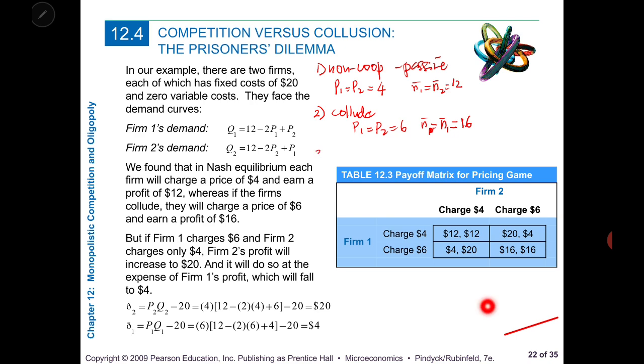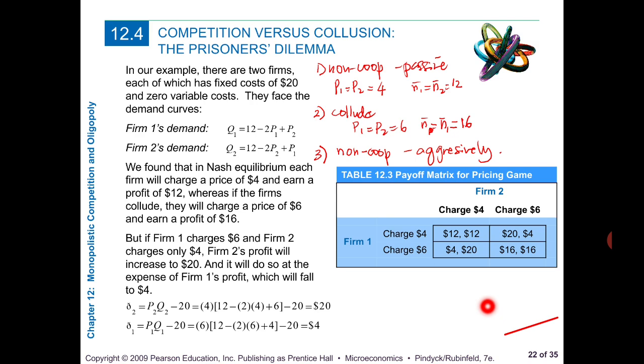Okay, so in this video, we're going to see what happens if they are not cooperating, but instead they are aggressively competing with each other. Let's say we start with the scenario where both firms have agreed to maintain the same price, P1 equals P2 equals 6, model number 2.